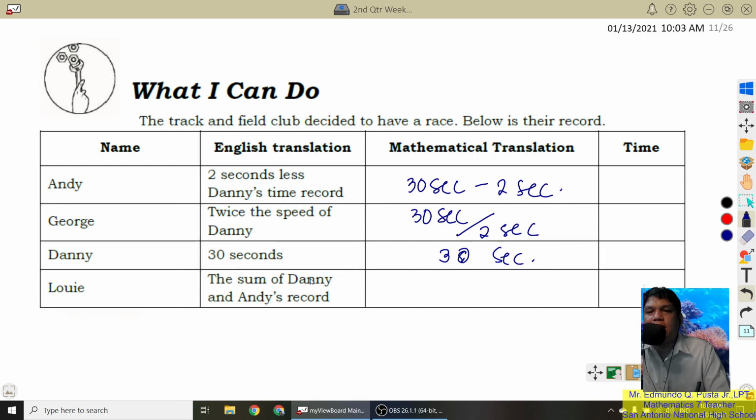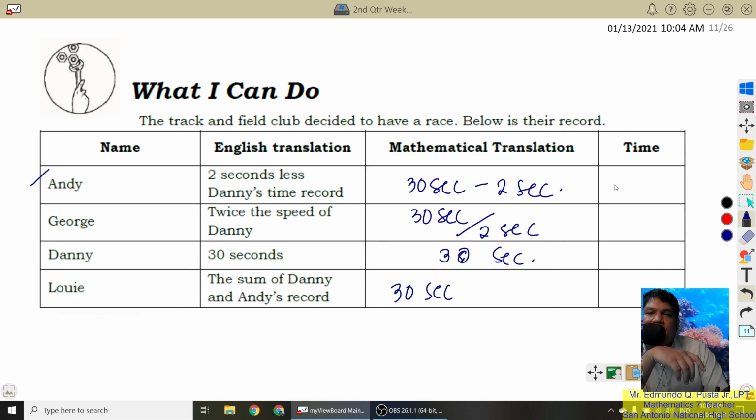Okay? Next one, the sum of Danny and Andy's record. So, where is Danny? 30 seconds. And then, Andy's record. So, alamin natin yung kay Andy. Kay Andy muna. Andy. 30 seconds minus 2 seconds, this becomes what? Okay? 2 seconds less than Danny's time.